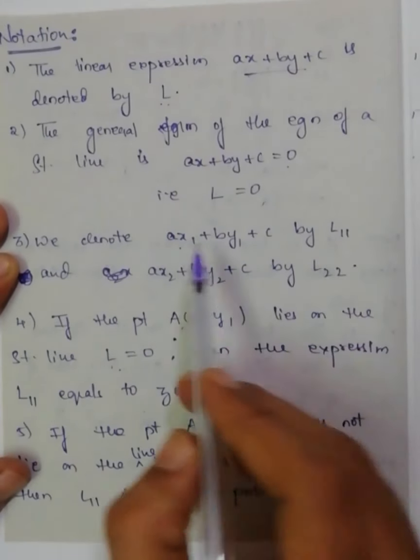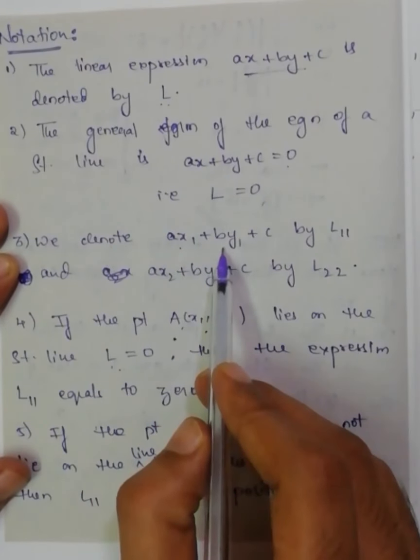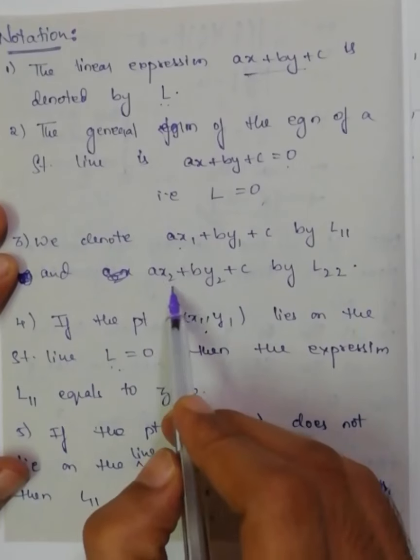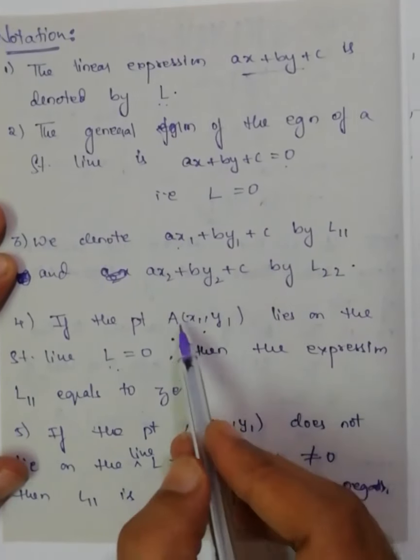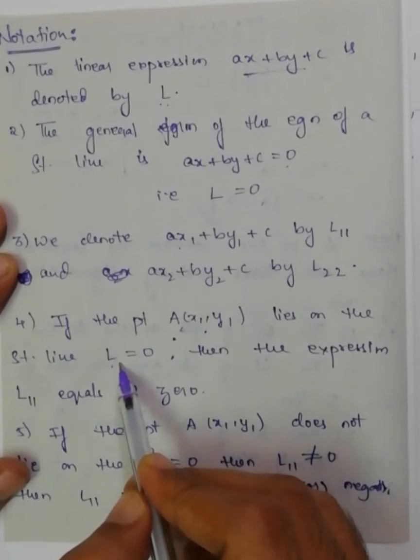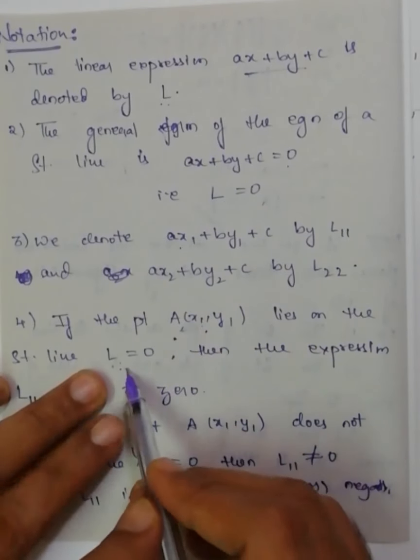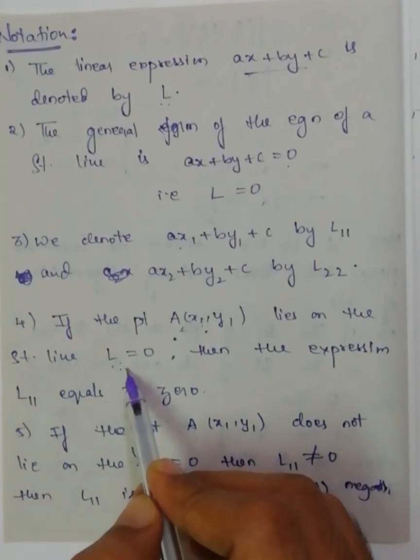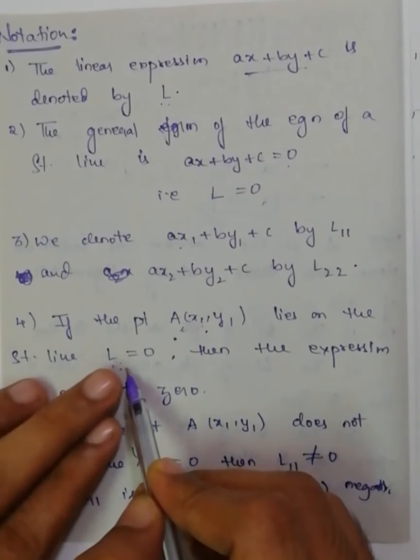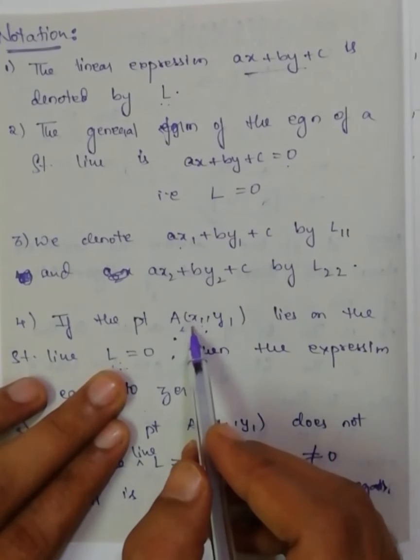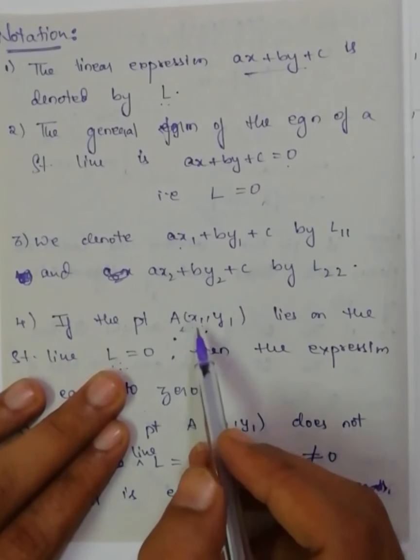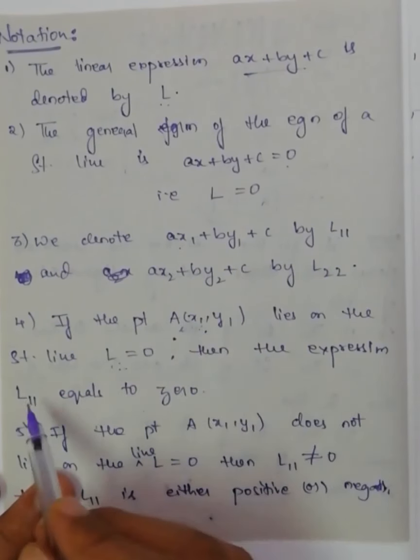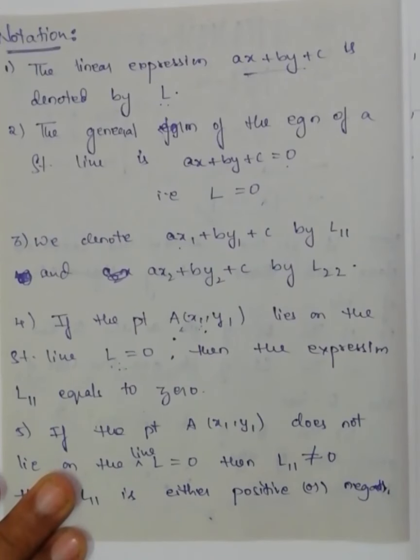L11 is denoted by ax1 plus by1 plus c, ax2 plus by2 plus c is denoted by L22. If I take any point on the line, this point satisfies this equation. In place of x I substitute x1, in place of y I substitute y1, and I will get L11 is equal to 0.